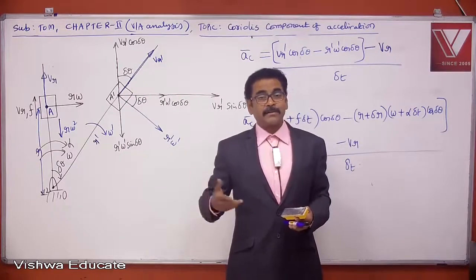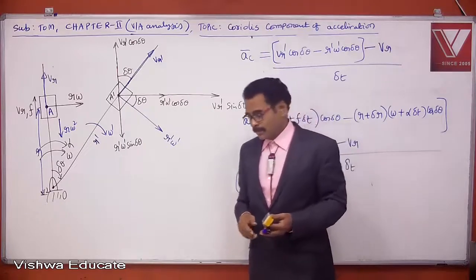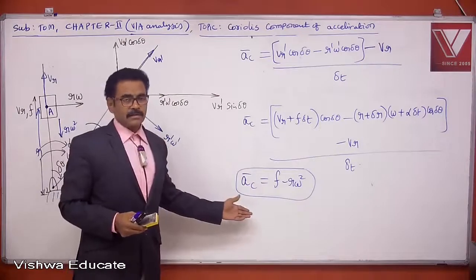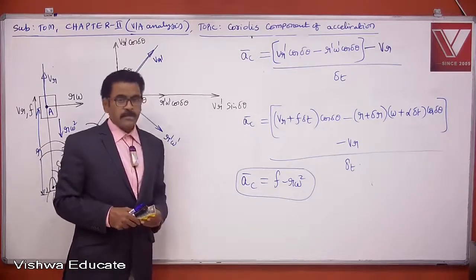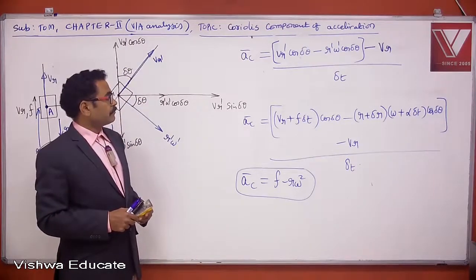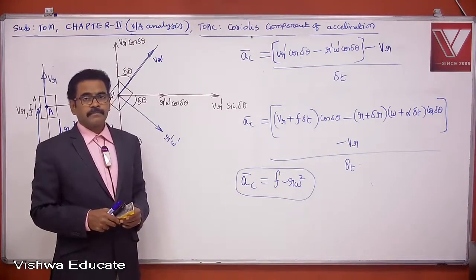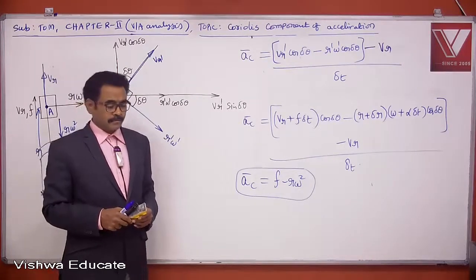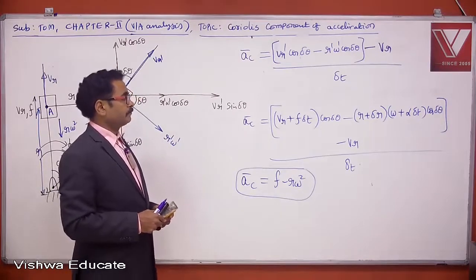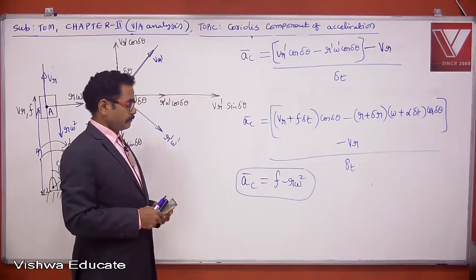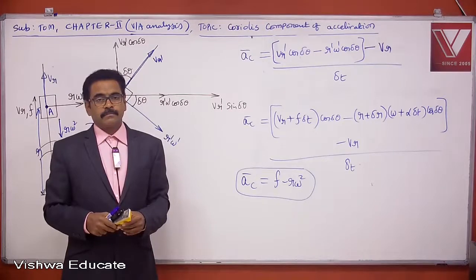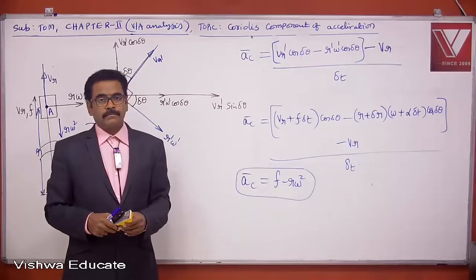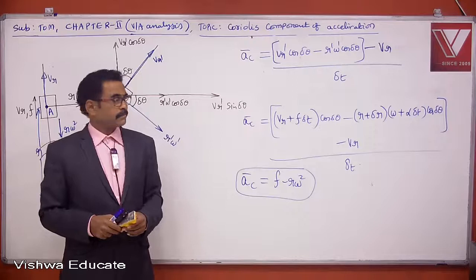The resultant of these two accelerations is the total acceleration of A. So first you may copy this, then we are going to write the resultant or total acceleration of A. So please copy these 2-3 steps. I think you copied.